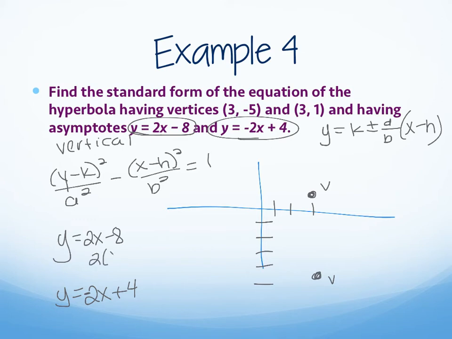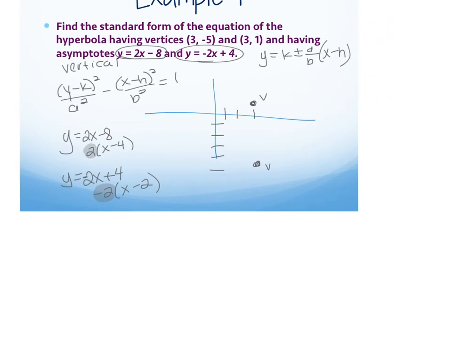This would be 2 times x minus 4 and negative 2 times x minus 2. So the a over b is flush against that parenthesis, which makes sense. One is positive and one is negative, right? Because that's the way it should be. And it doesn't matter which one you grab. You can say that 2 or negative 2 equals a over b.